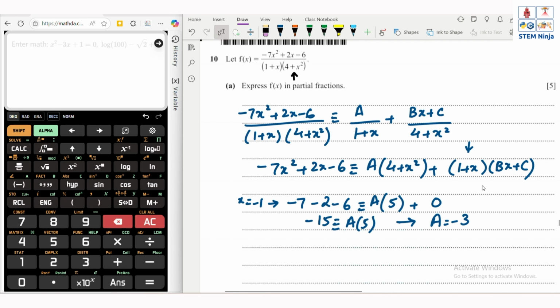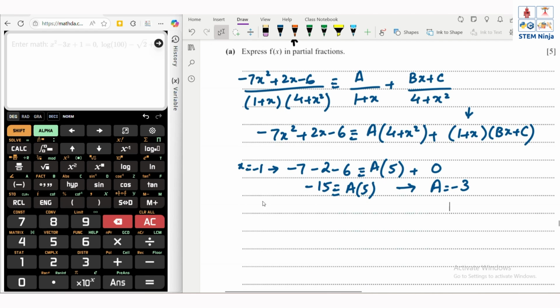Now, for the other two, we can plug in 0 first. So we get minus 6, identical to A times 4. So basically A, we have minus 3 now.